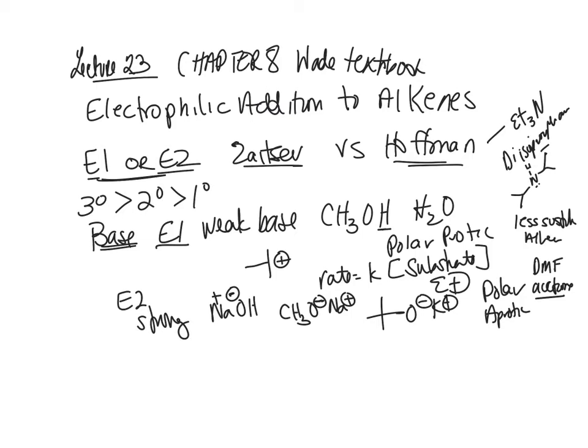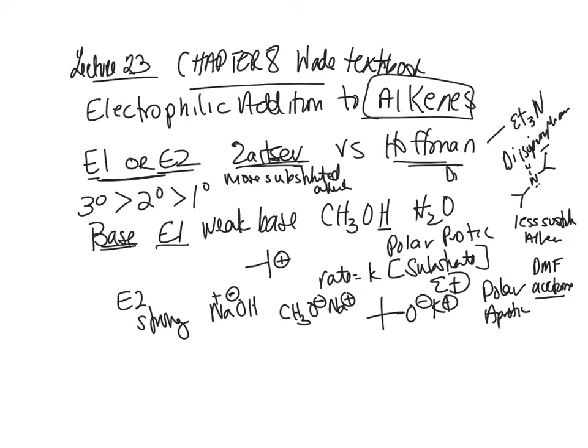So if you have a di versus a tri, it's going to give you the di versus the tri. Zatsev's is going to give you the more substituted alkene. And we've learned that the more substituted alkene is more thermodynamically stable than the less substituted. Okay, so that's about how to synthesize alkenes.